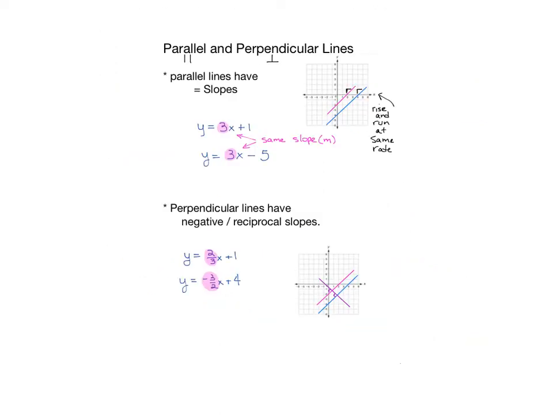What you need to memorize about parallel lines is parallel lines have the same slope. Perpendicular lines have negative, or you might also see this written as opposite reciprocal. So they're going to have opposite signs, and then they're going to be reciprocals.